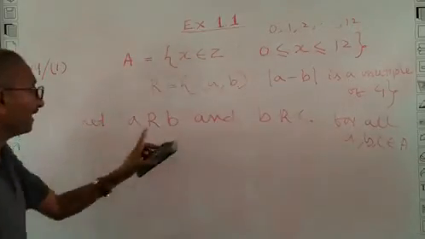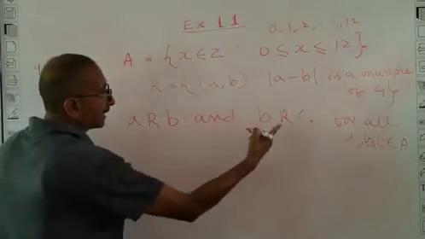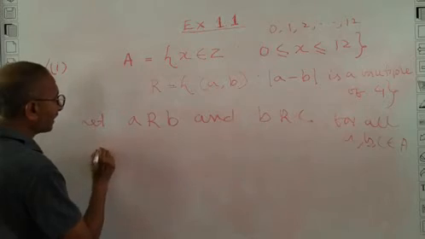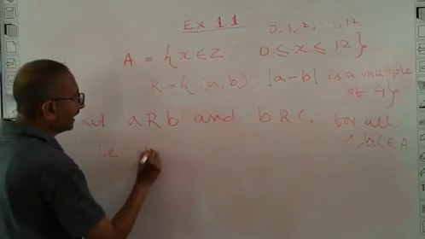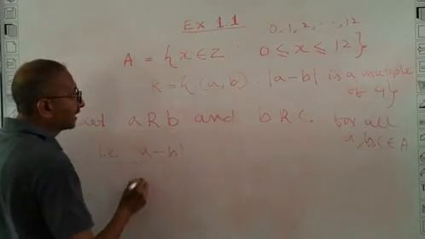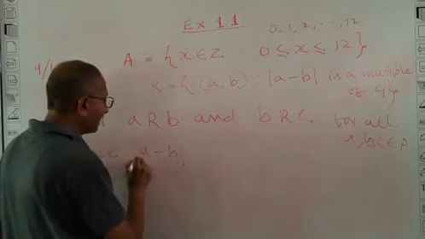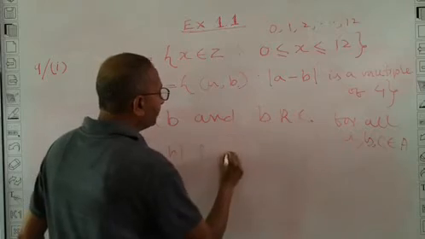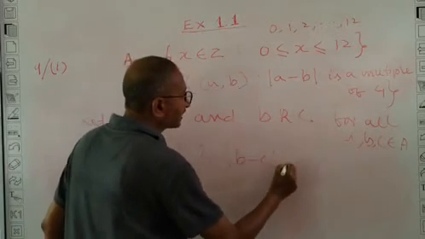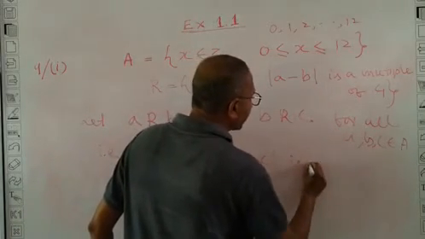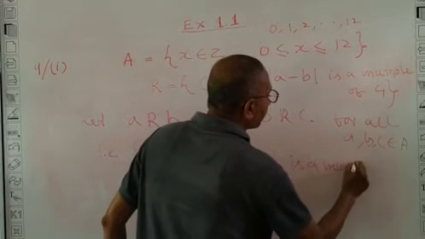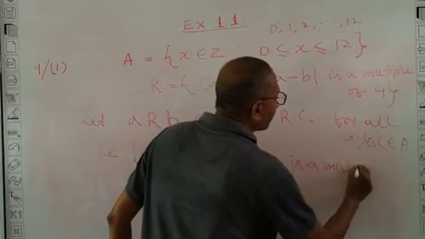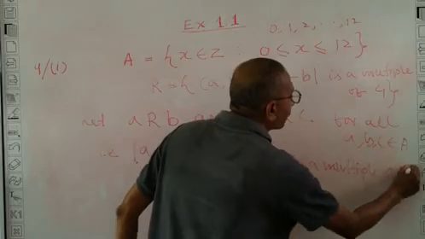Now, A is related to B means that A minus B is a multiple of 4 and B minus C is a multiple of 4.